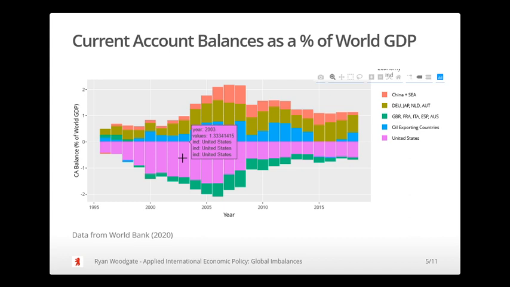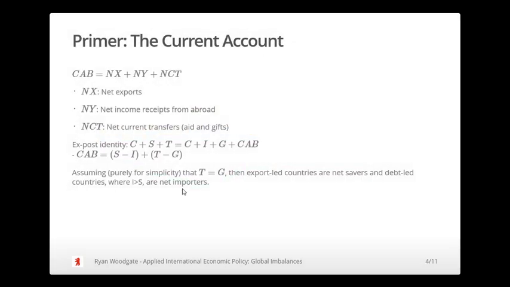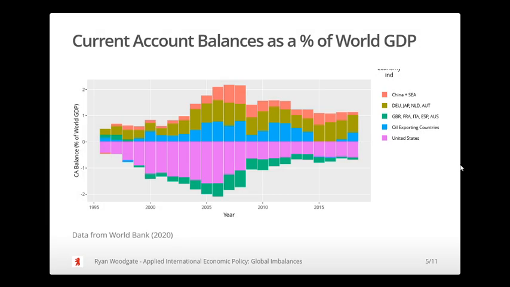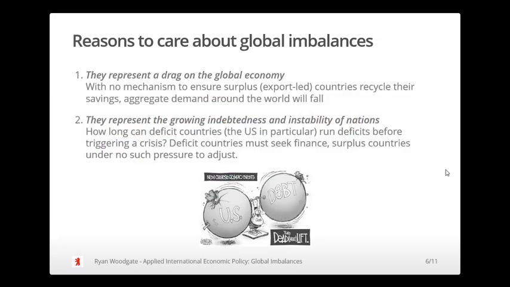Because, of course, if you are always running a deficit, as we saw on the previous slide, it means that your investment is greater than your saving, and it means you needed finance from abroad to make that deficit even possible. Now, in the case of the US, the deficit has been financed abroad for many years, and we'll get into why exactly that is. But the question is, will the US always be able to finance its deficits without an explosive amount of debt, and therefore a massive impact on the world economy?